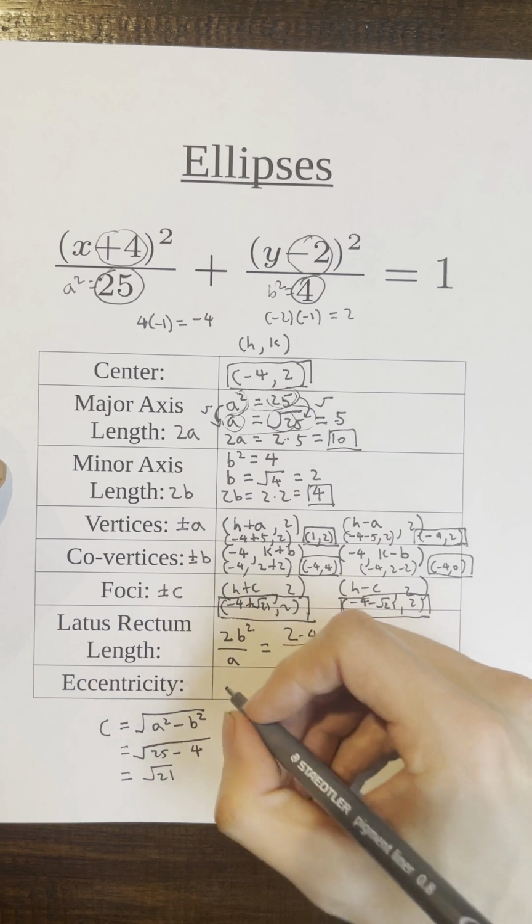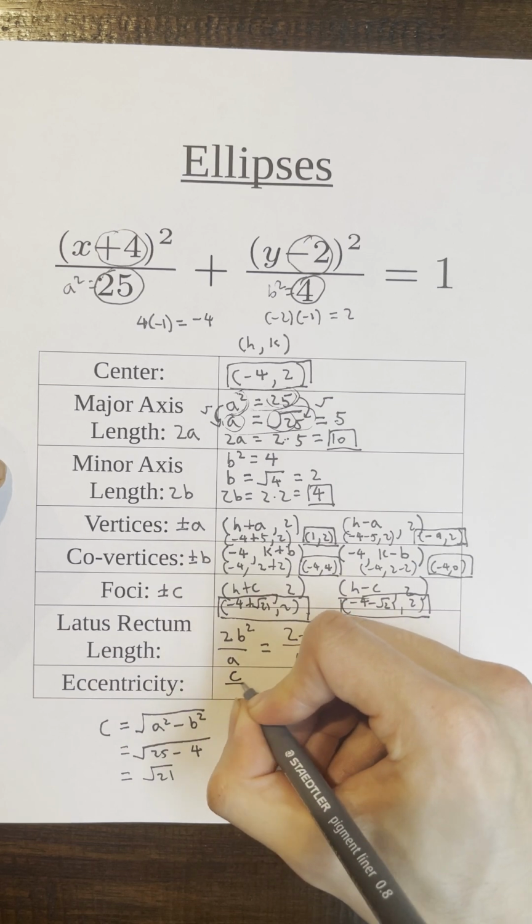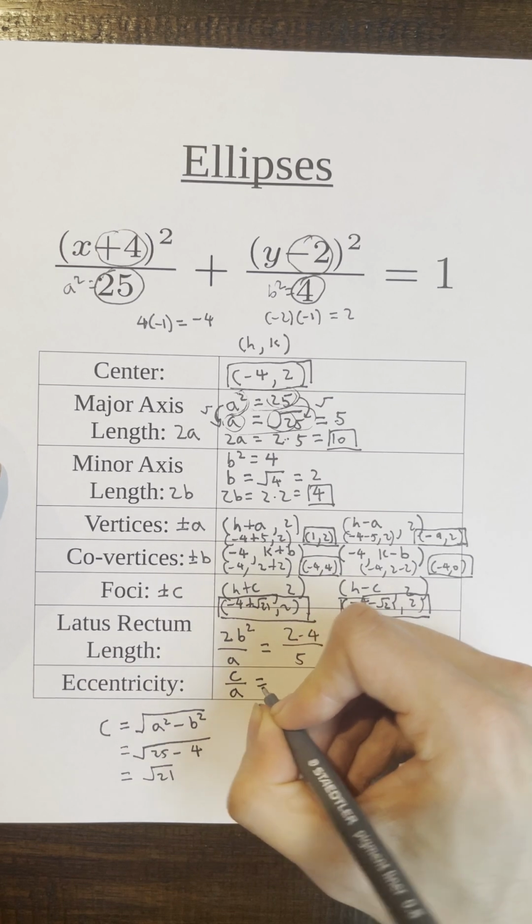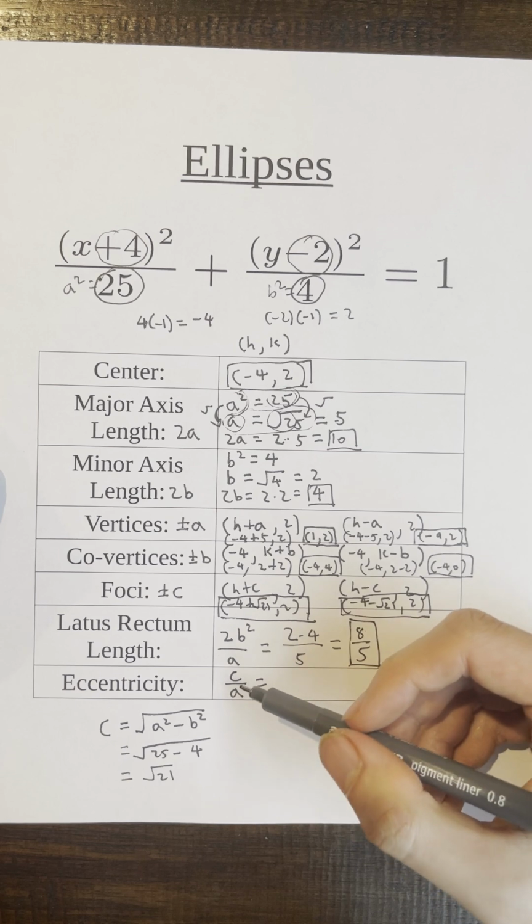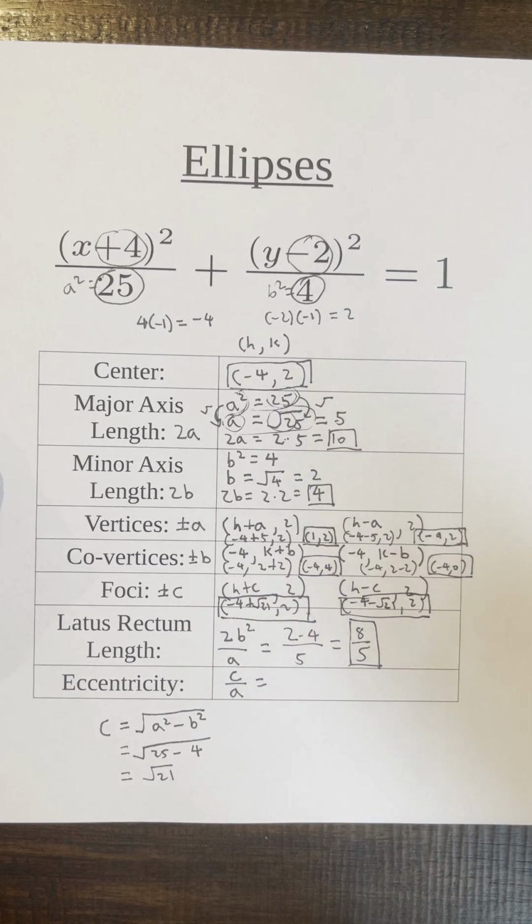Okay, and to find the eccentricity, use the formula c over a. I'll give you a second to pause the video and do that. Plug in c and a into here.